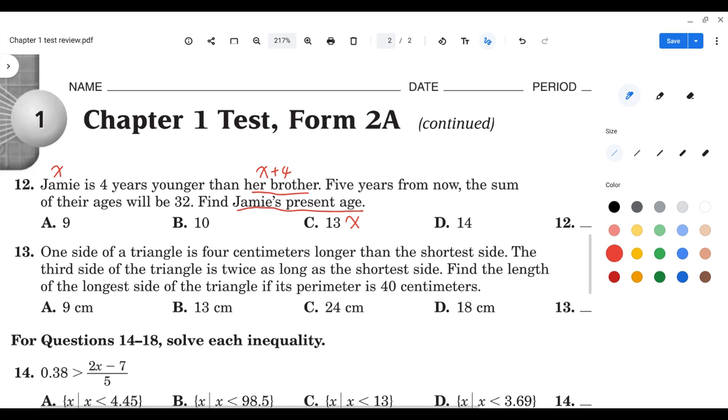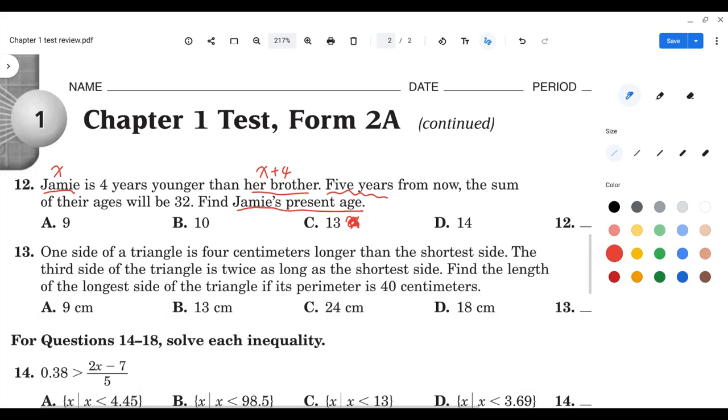Then 5 years from now, the sum of their ages will be 32. So 5 years from now, what is the age of Jamie? Oh, sorry. Let me start over. So let's assume Jamie is x, and then her brother is x plus 4.